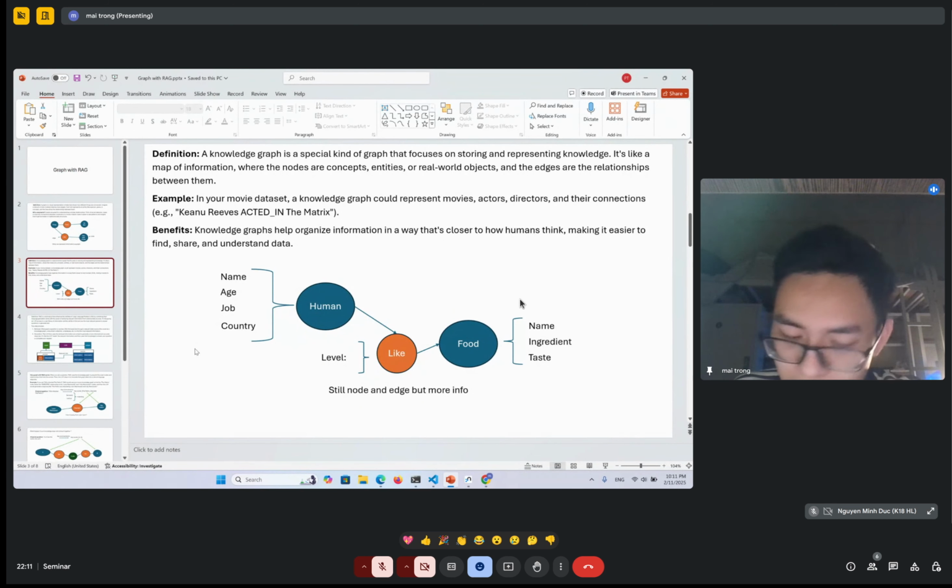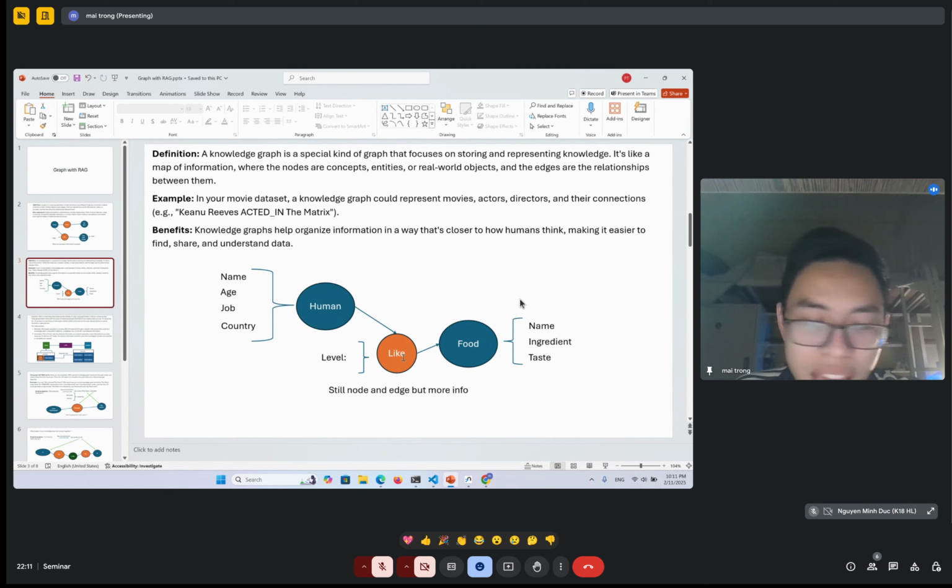It's still the node, the edge, and the connection between them, but they have information. Both the node and the edge have information. Like a human can have name, age, job, country, what they like, hobby, and the food as well: name, ingredient, taste, rating, and the relationship between human and food.